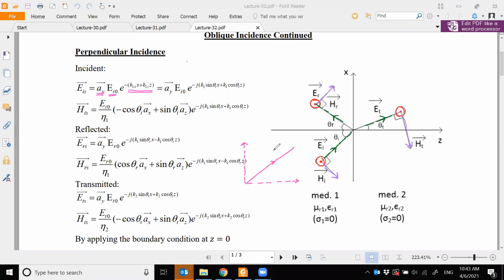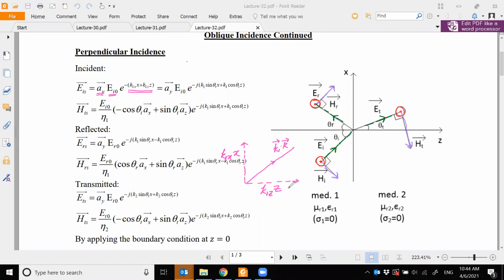So this is my K1 bar dot R bar, and it has K1Z times Z, the component of K1 along Z, and K1X times X, the component of K1 along the X direction.